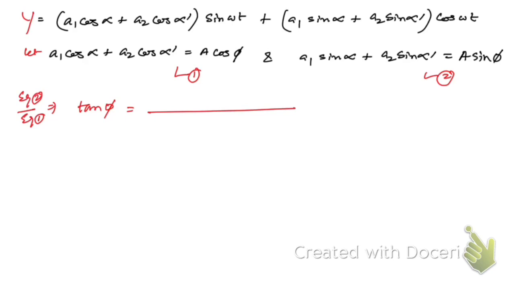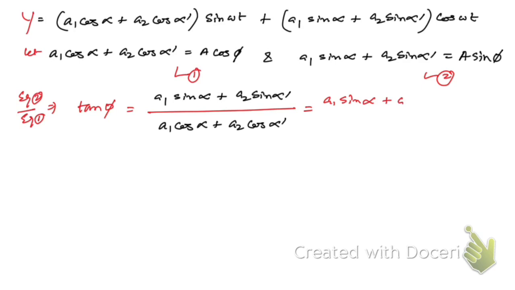In the numerator we have the left hand side of equation number 2, and in the denominator the left hand side of equation number 1. So tan φ = (a1 sin α + a2 sin α') / (a1 cos α + a2 cos α').